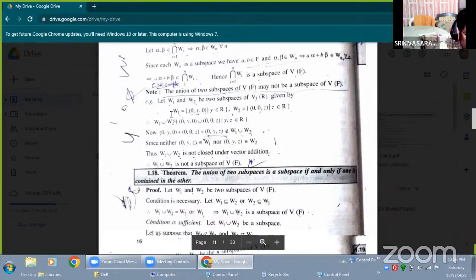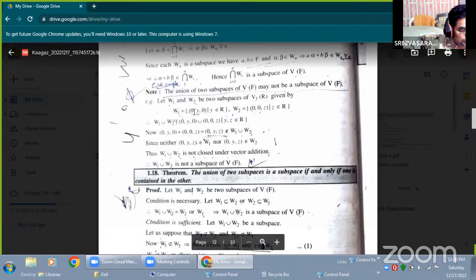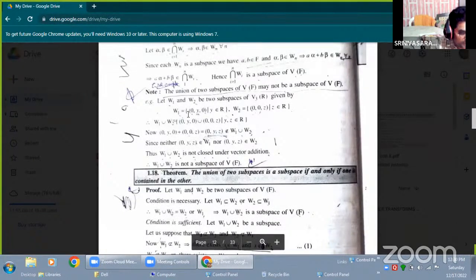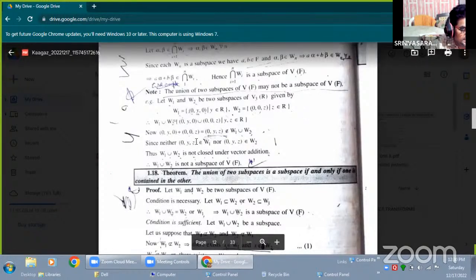These are two non-empty subsets that are subspaces. So W1 ∪ W2 equals the points (0, y, 0) together with (0, 0, z).